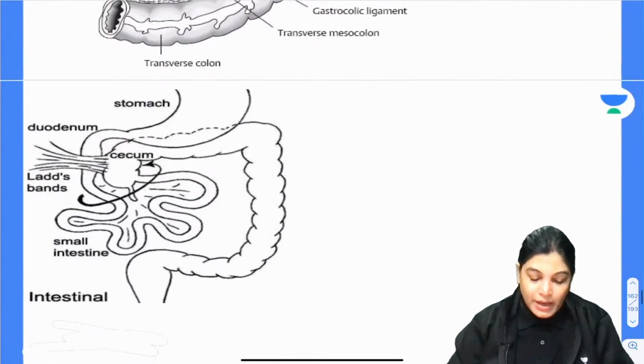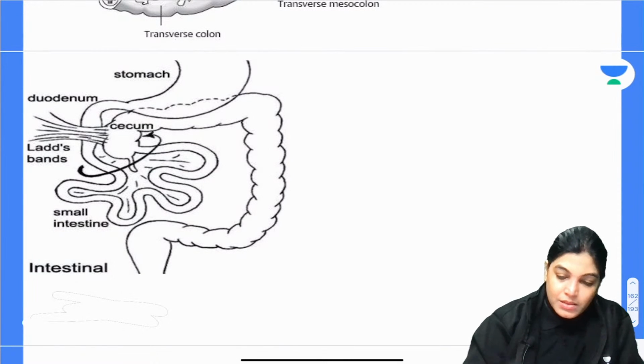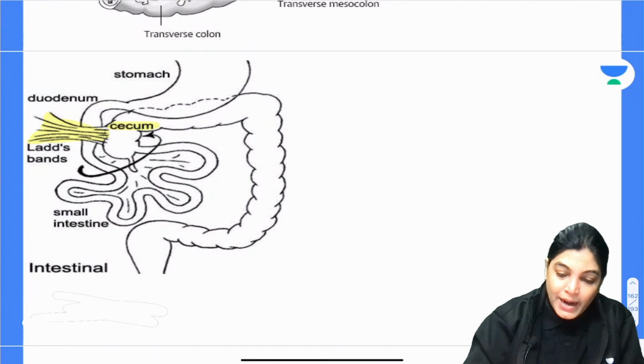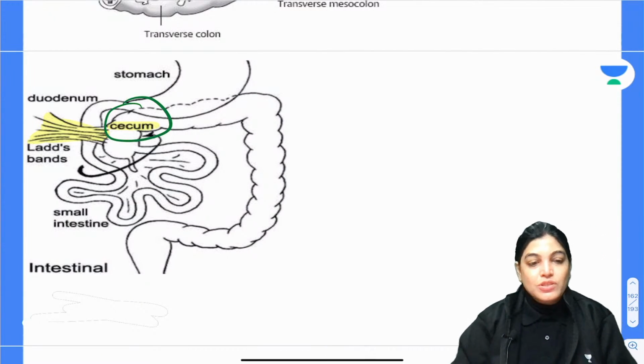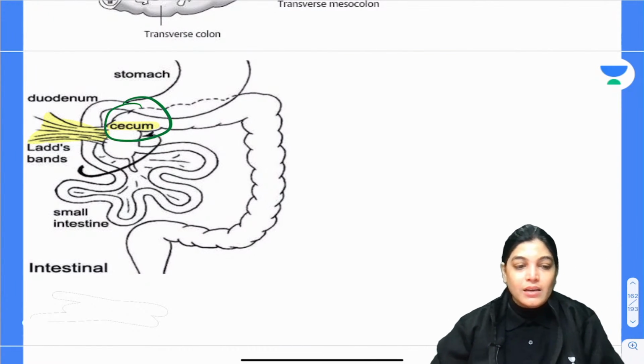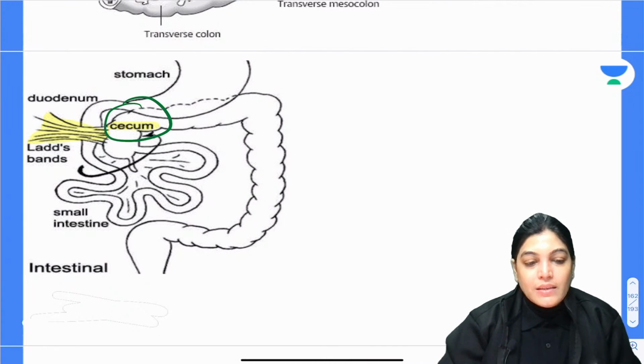Other than that, please see this is Ladd's band. You are seeing the extension of Ladd's band from the cecum, and it gets attached to the abdominal wall.